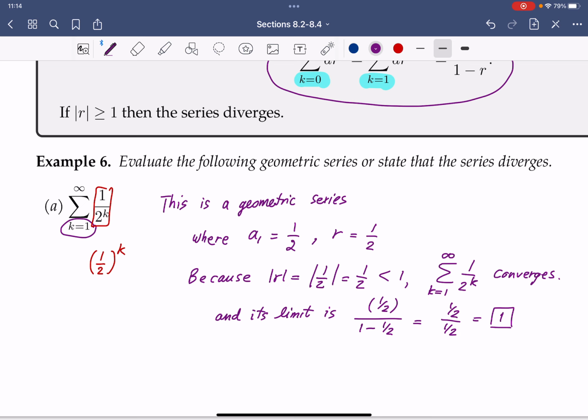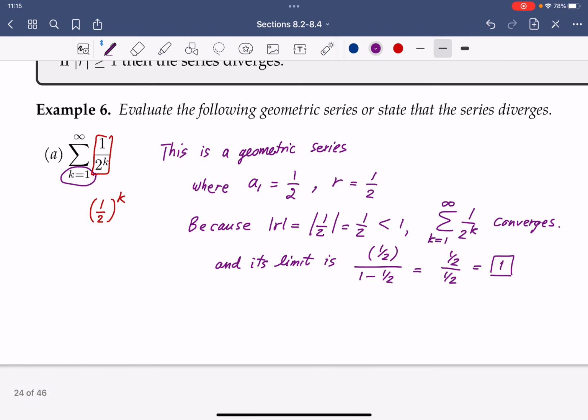Once you know that it is a geometric series, you figure out your r, the common ratio. If absolute r is less than 1, the series is convergent and its limit is the first term over 1 minus the common ratio. Does it make sense?